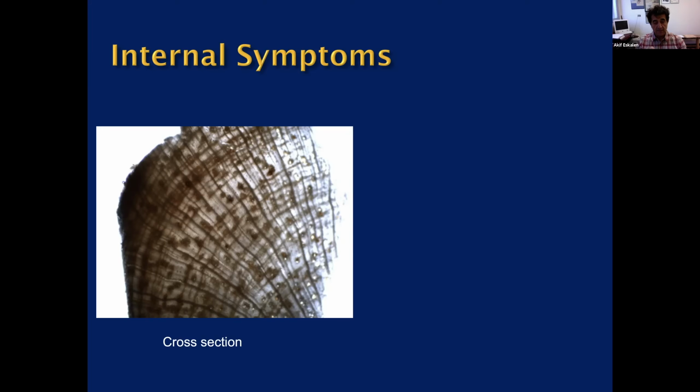In order to do that, plants try to produce tylosis and gumming in their xylem vessels. In their defense mechanism, they are trying to prevent the movement of the pathogen.